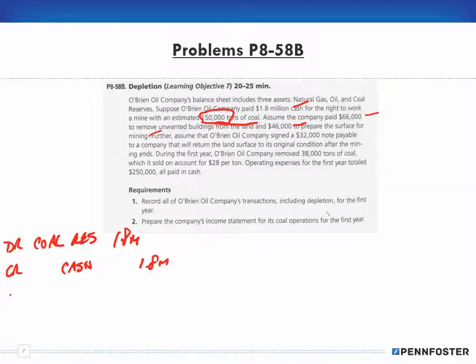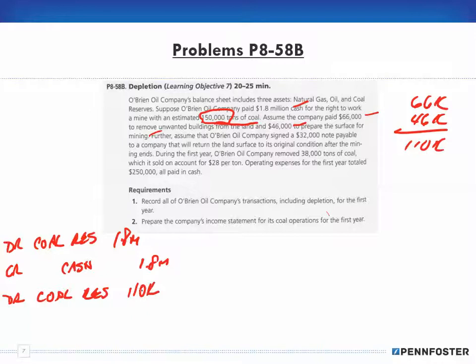So we're going to debit coal reserves. They're paying 66,000 to remove unwanted buildings and 46,000 to prepare the surface for mining. So that's 110,000. I'm going to debit 110,000 to coal reserves, and we're going to credit cash for 110,000.